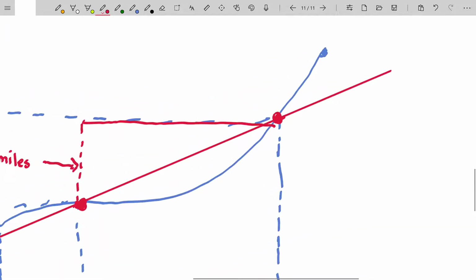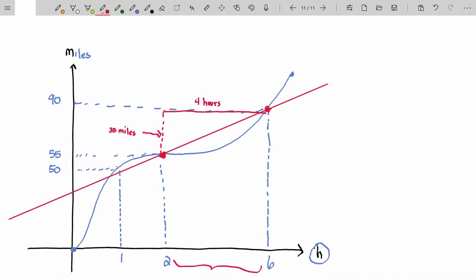So you've gone 35 miles in 4 hours. And so that average rate of change could be interpreted, remember, slope is rise over run, as 35 miles per 4 hours, or in other words, it could be interpreted as a certain speed or velocity, 35 miles per 4 hours, or if you did the math, that's about 8.75 miles per hour.